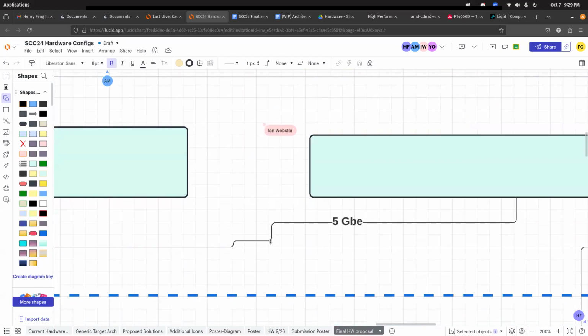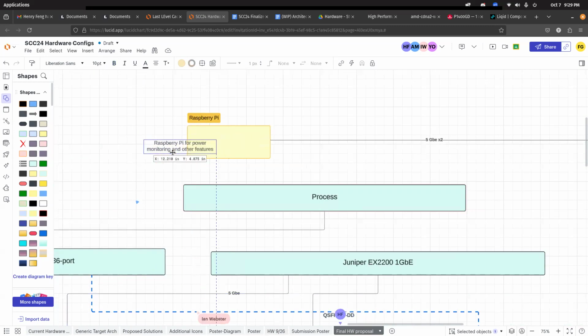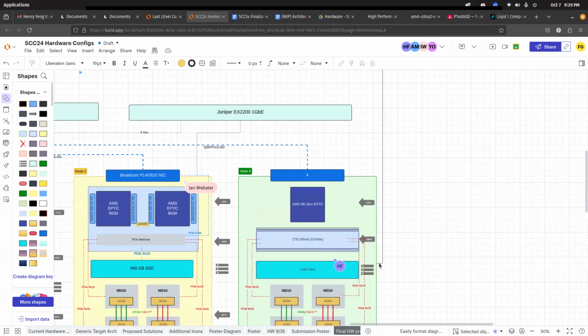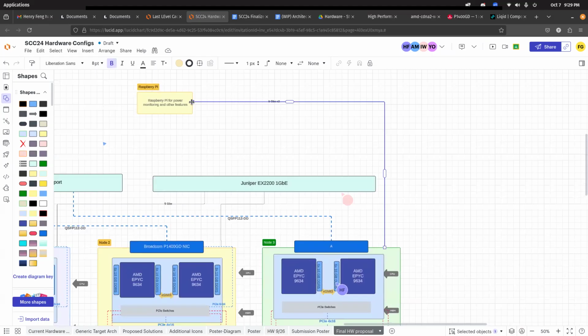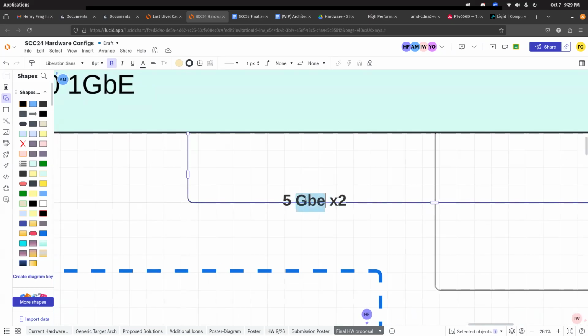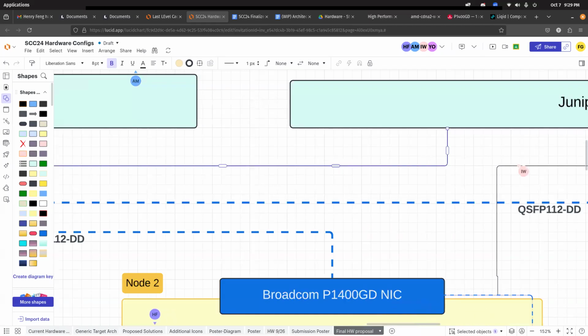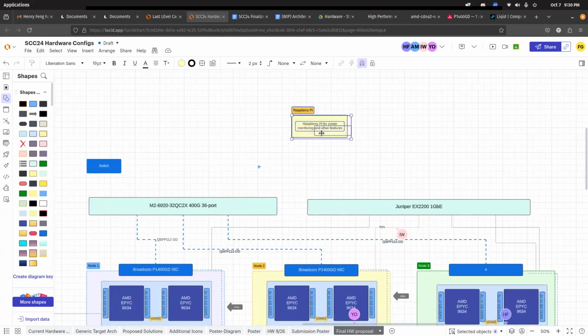So node 3 has the same setup as node 2, right? Yes. Just make them identical. Copy paste. Okay. Who deleted the third node? Oh, never mind.